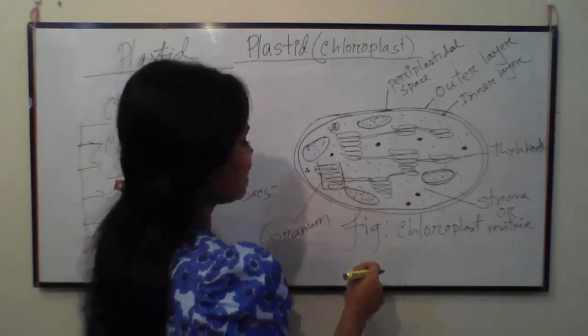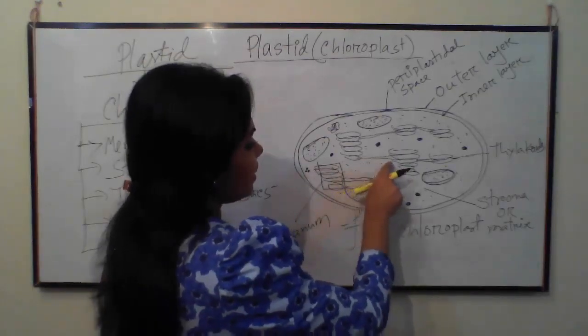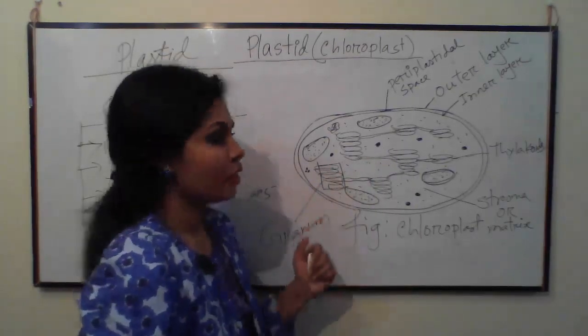Then you can see some interconnected tubular membranes in the chloroplast.